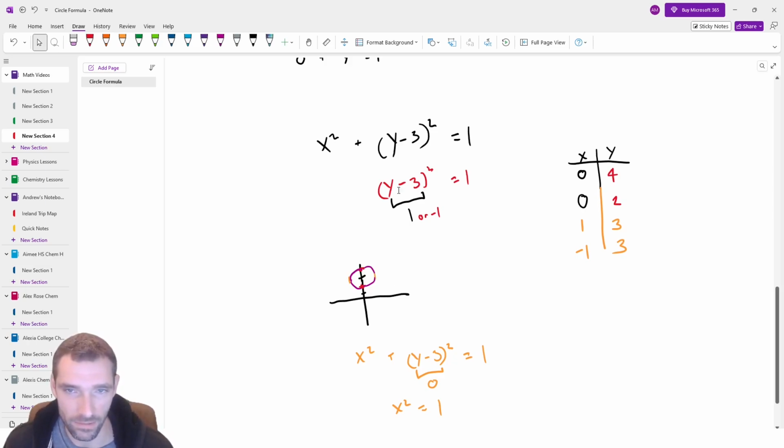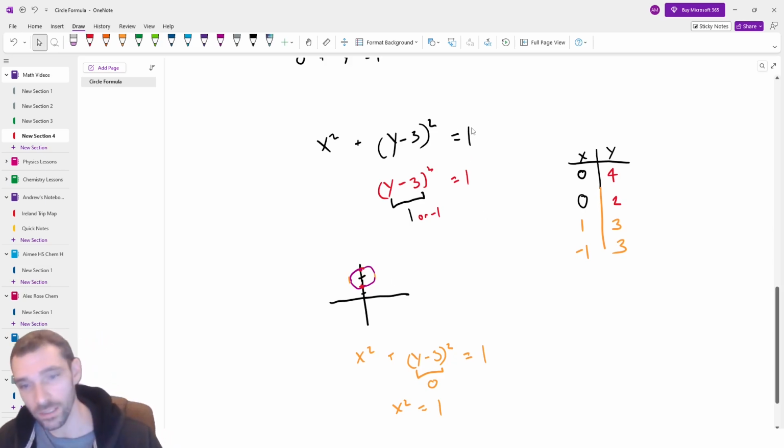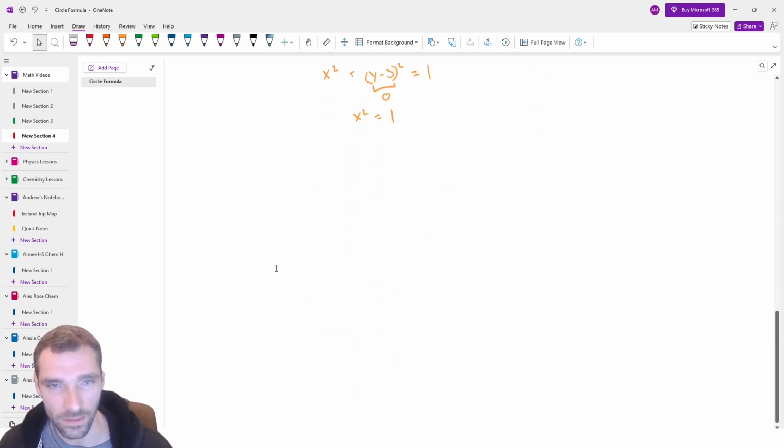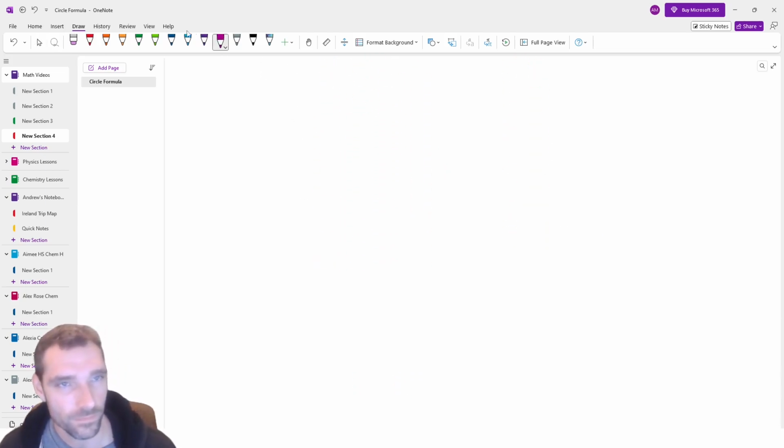You can also see in all these cases I've worked with a radius of 1, and that just helps you see the distance away from the center point a little bit easier and quicker, and helps you see how the math works behind these. We are going to do one that's a little bit different.